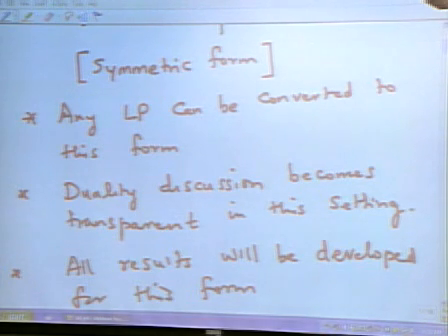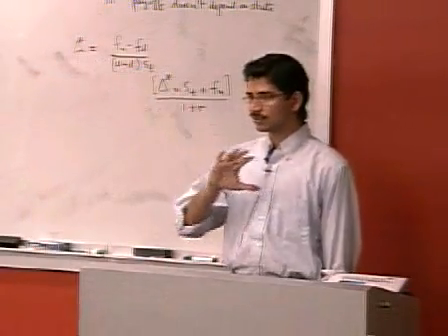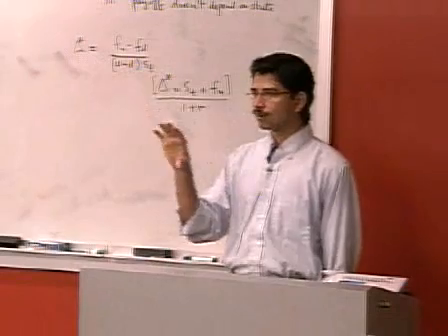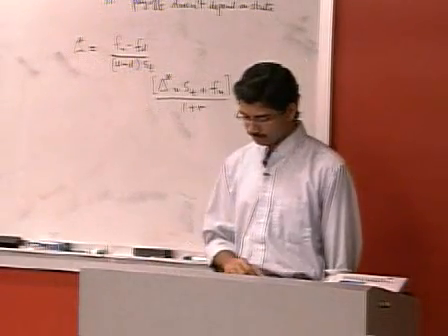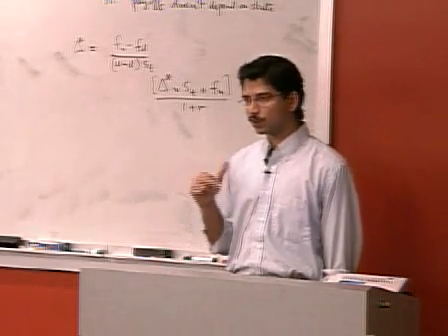Now, one of the nice things about all of this is that the discussion of duality becomes much more transparent in this setting. So for one thing, you don't have to remember all these rules for how you convert. There's a standard form for discussing duality. The other advantages will become clear as we go along today.